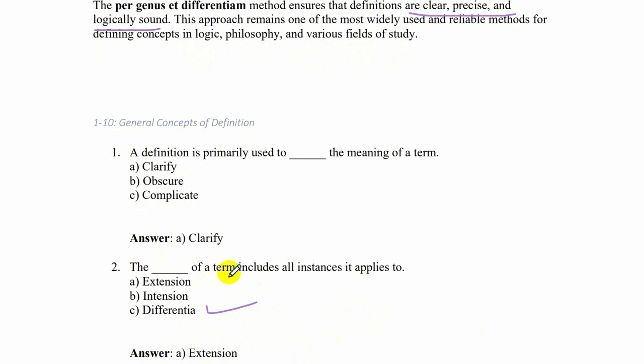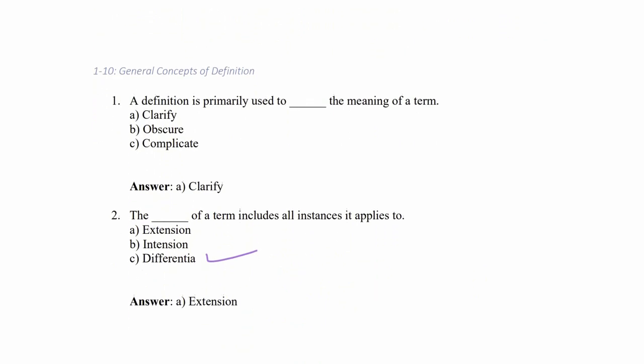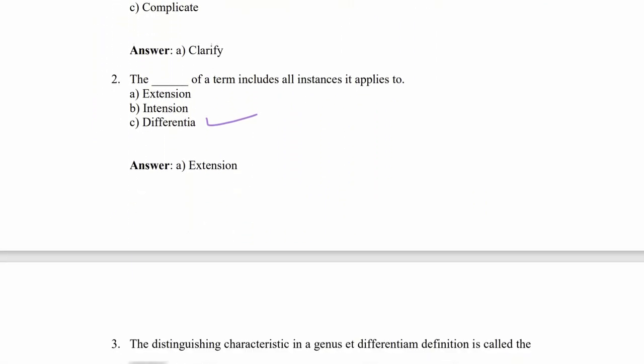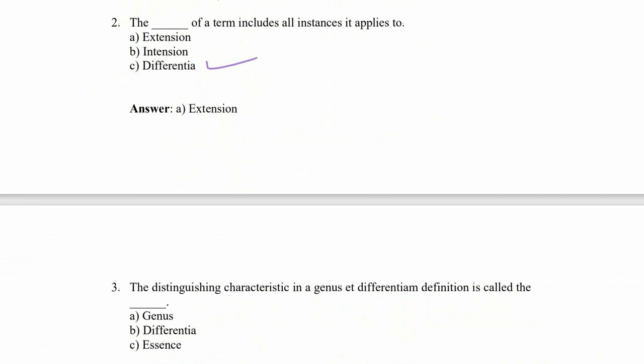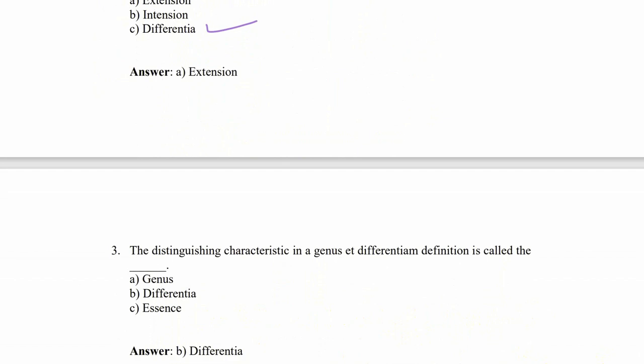The extension of a term includes all instances it applies to. The distinguishing characteristics in a genus et differentium definition is called the differentia. Okay, the distinguishing characteristics.